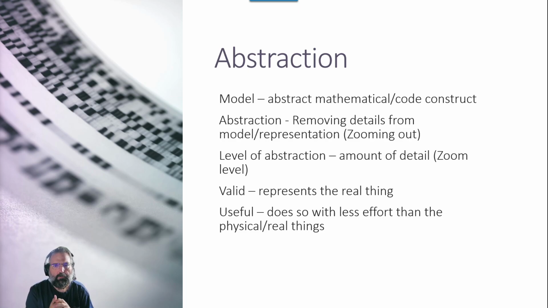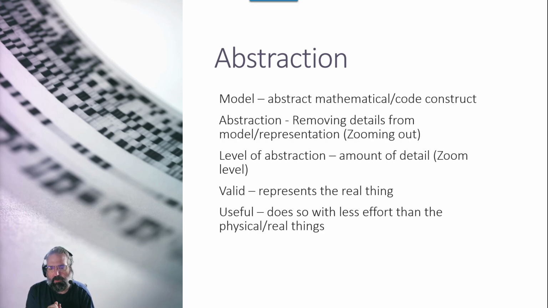Abstraction is something we do a lot in AI, and it's applicable to software engineering and development in general. There's several forms of abstraction that we utilize in this particular scenario. Model: we may abstract a mathematical or code construct, right? And a model is a simplistic abstraction of a real thing or some complex thing that you're trying to model or simulate or approximate, hence the term.